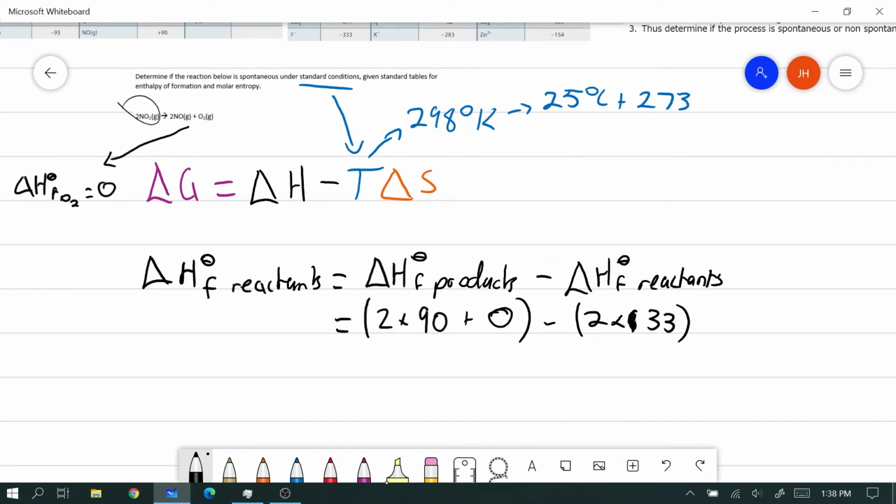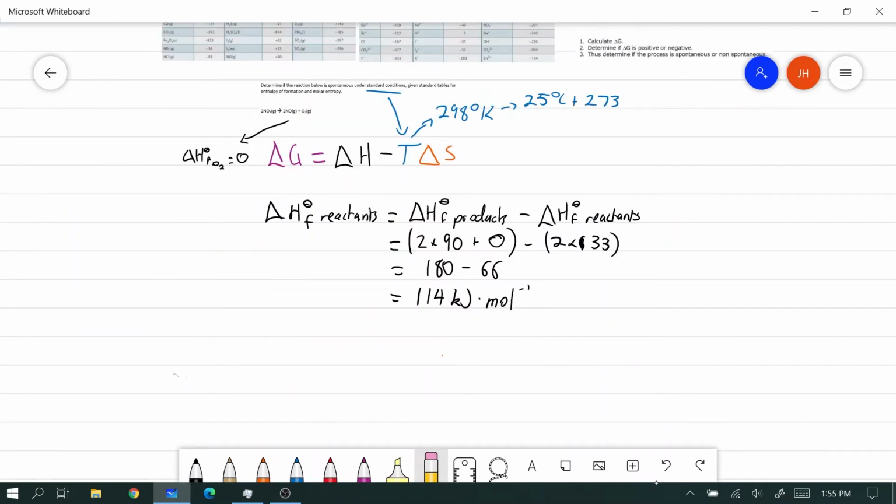So 2 times 33. To do the math, then we've got 180 minus 66, and that's equal to 114 kilojoules per mole. Something I just noticed is that I wrote reactants up here. That's my mistake. It should say enthalpy of formation for reaction.